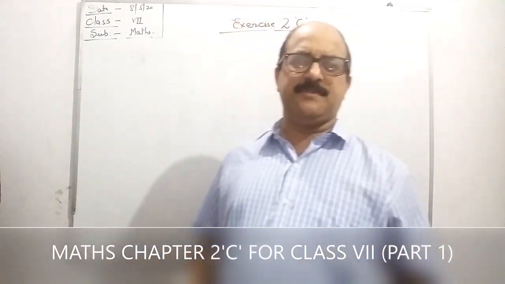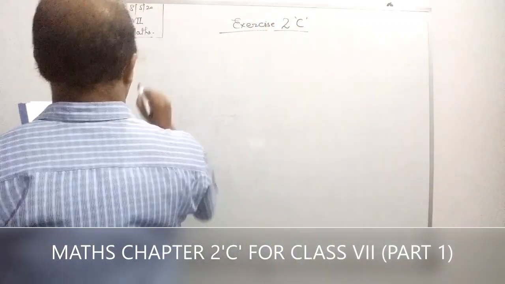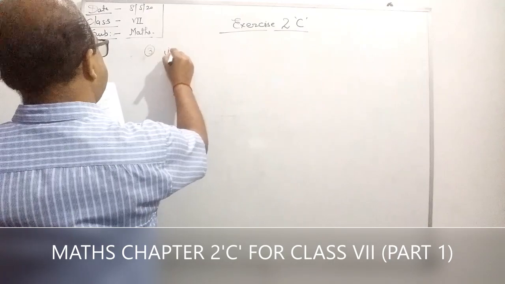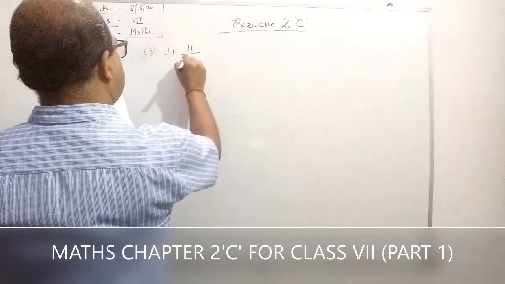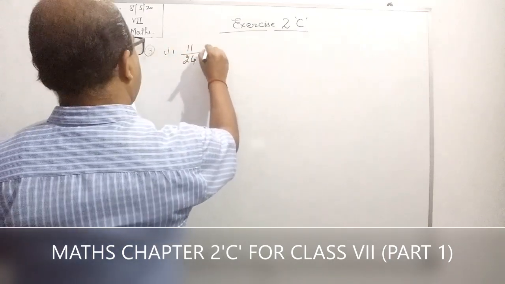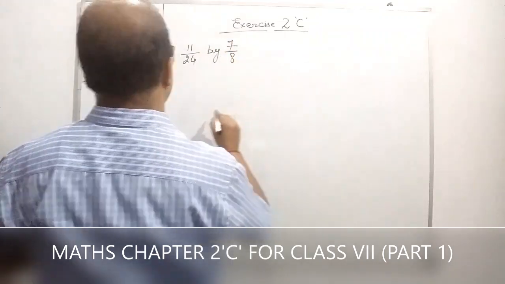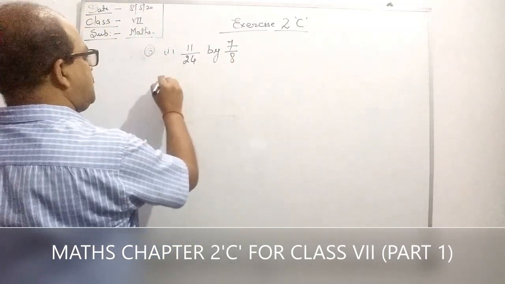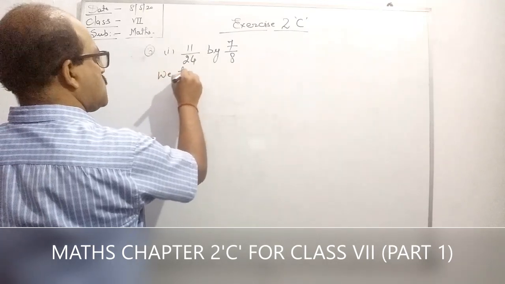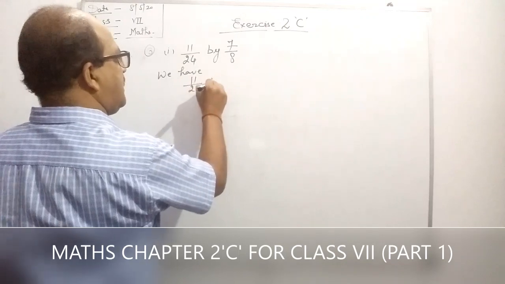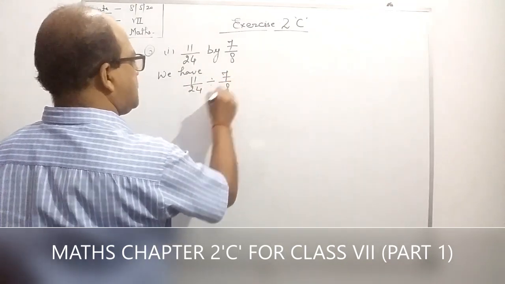Now question number 3. The first is 11 by 24 divided by 7 by 8.